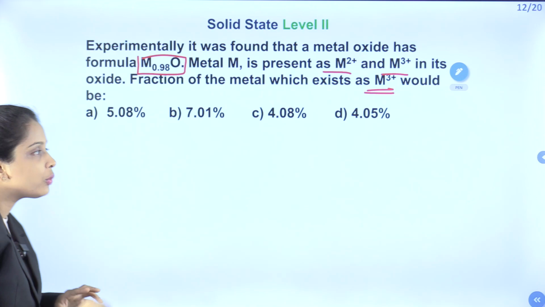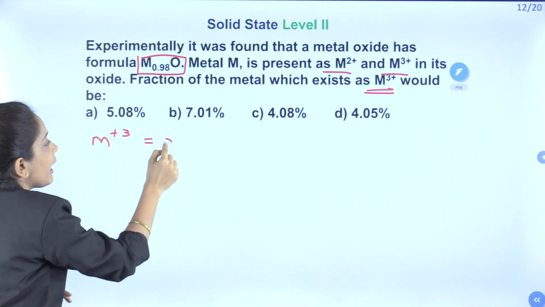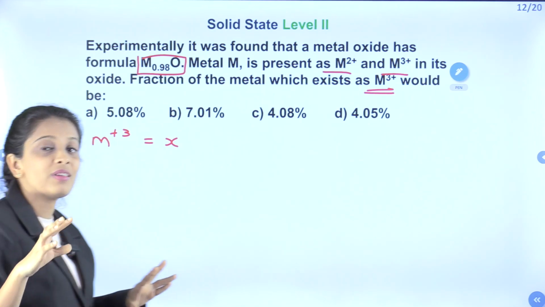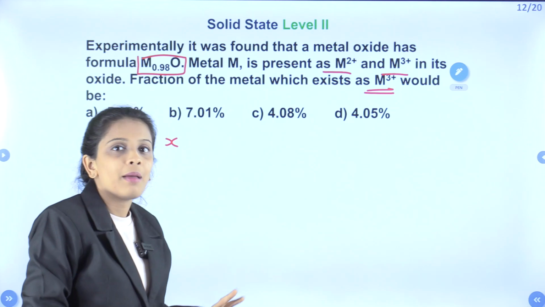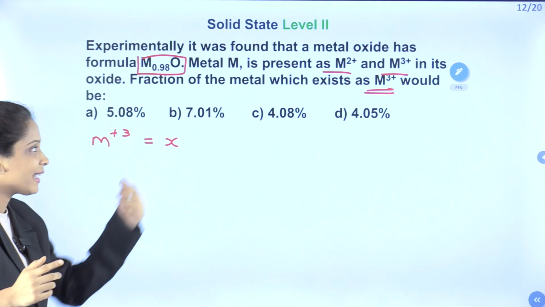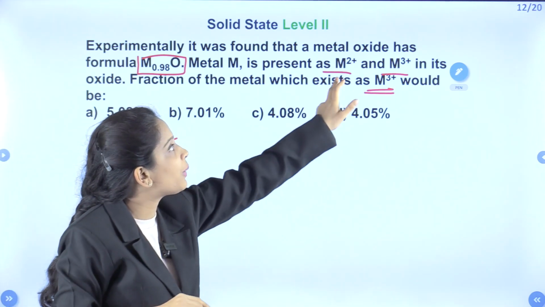So, let's assume M plus 3 is X. Yes, a very easy, simple mathematical expression that we do. So, metal M in plus 3 oxidation state, we have considered it as X. Now the important part is, what for M plus 2?